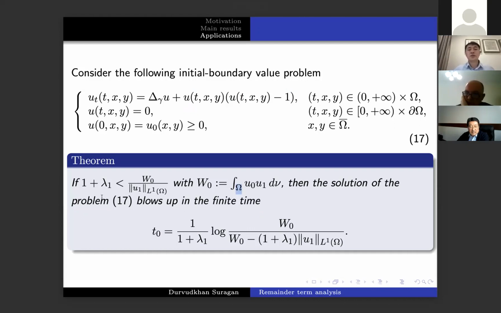Here we have the initial data, and under this assumption, we can identify the exact blow-up time for this nonlinear problem for the heat equation with the Grushin type operator. The answer is that the solution of this problem blows up in this time.